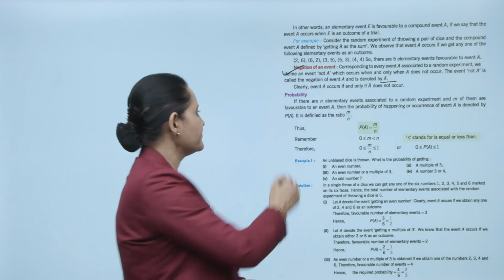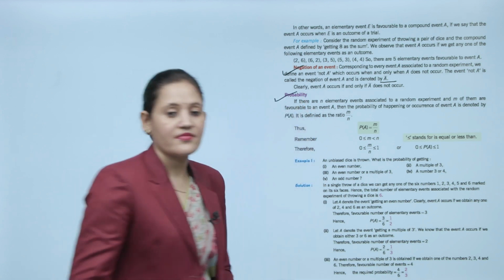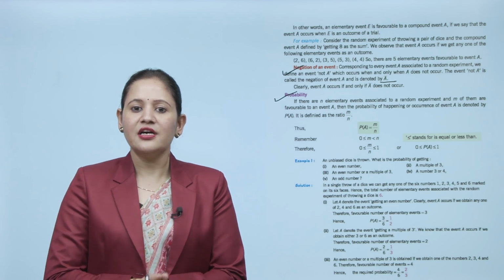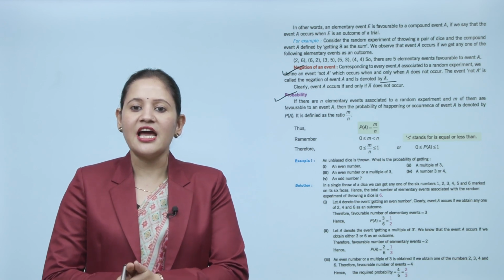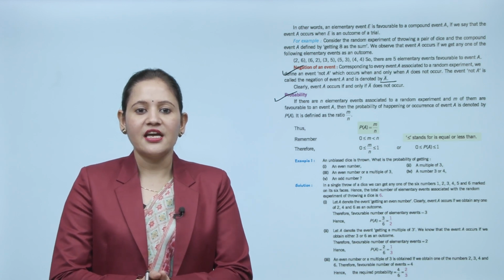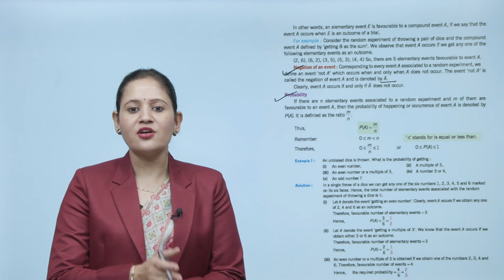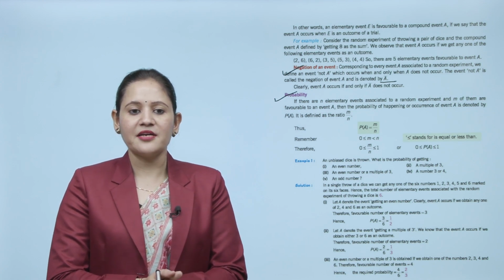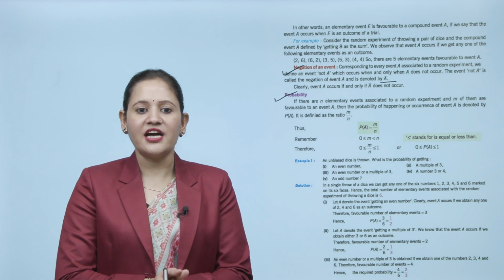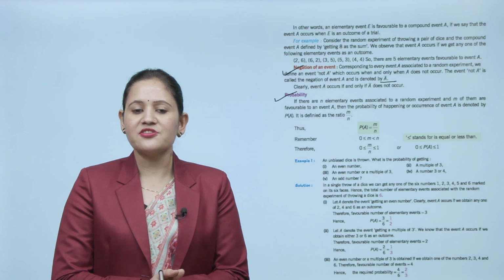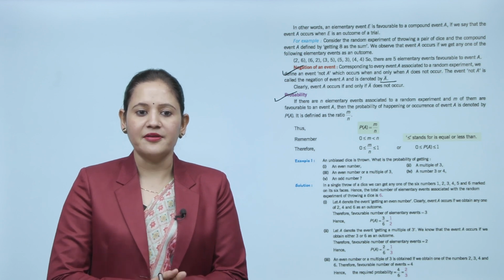Probability. If there are n elementary events associated to a random experiment and m of them are favorable to an event A, then the probability of happening or occurrence of event A, denoted by P(A), is defined as the ratio m upon n. Thus the probability of A is m upon n.